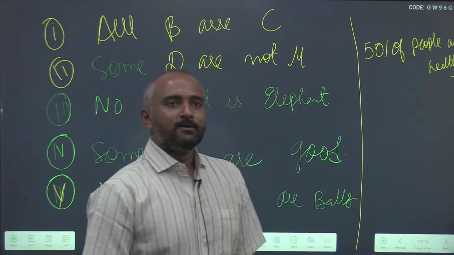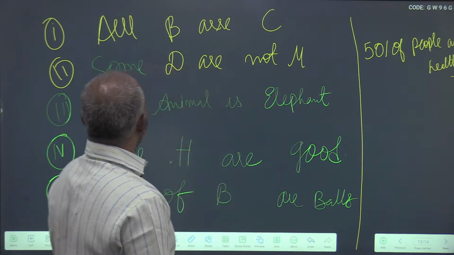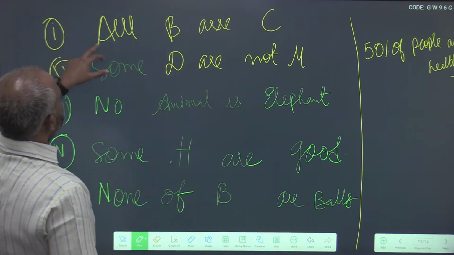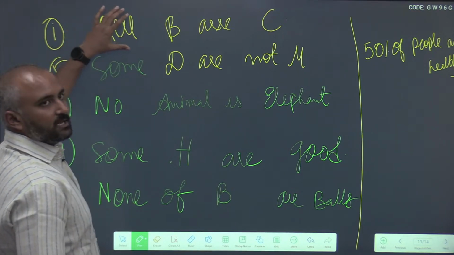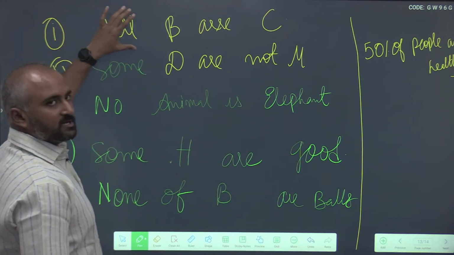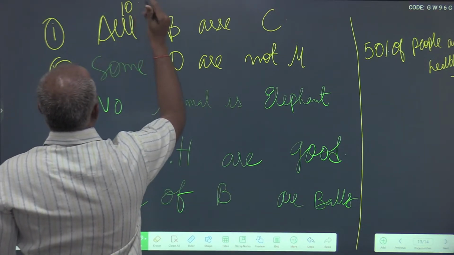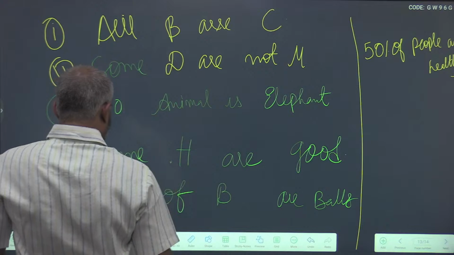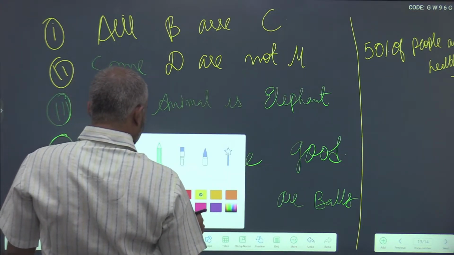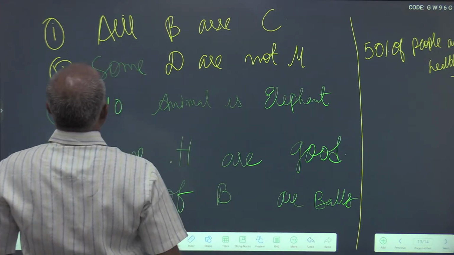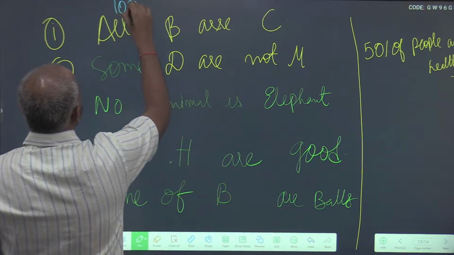So have you finished? Now you see, all is a universal. If there is universal, the subject value is 100. So all, since it is universal, 100.